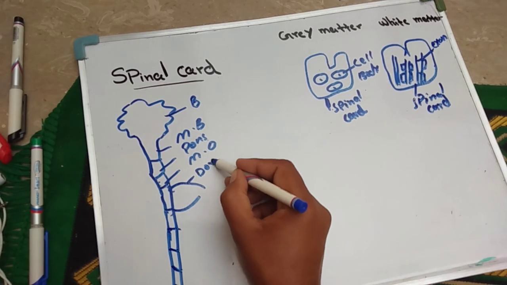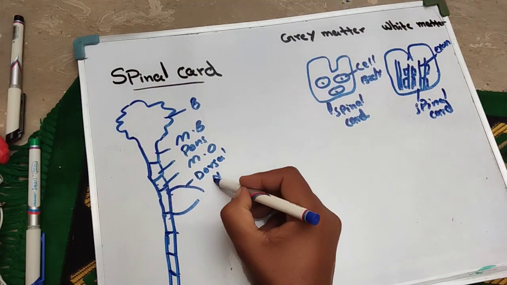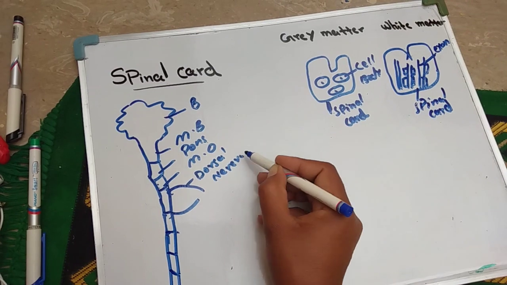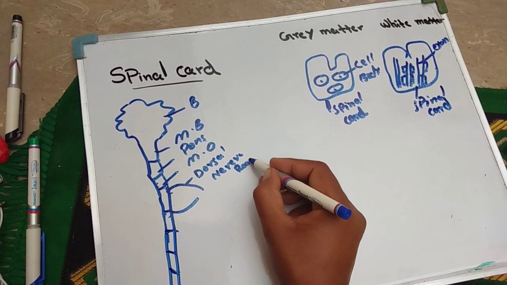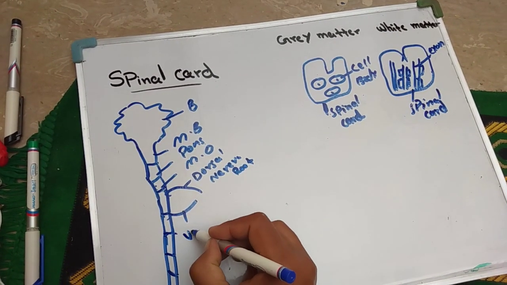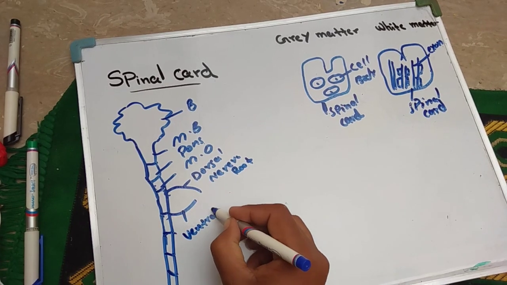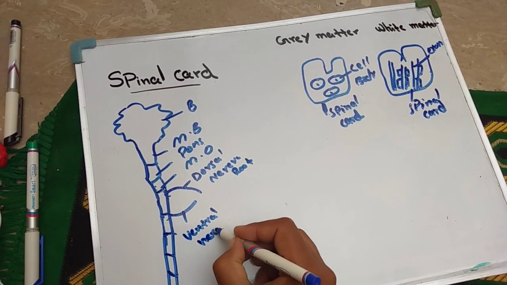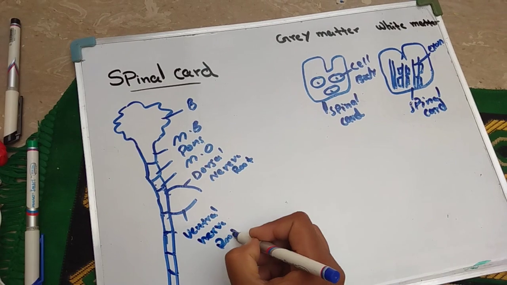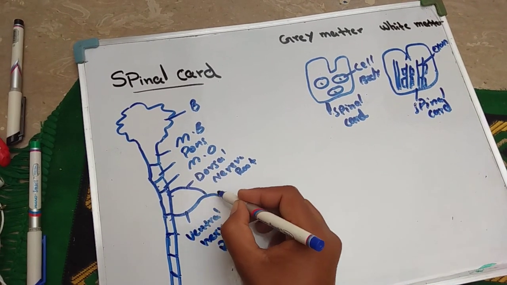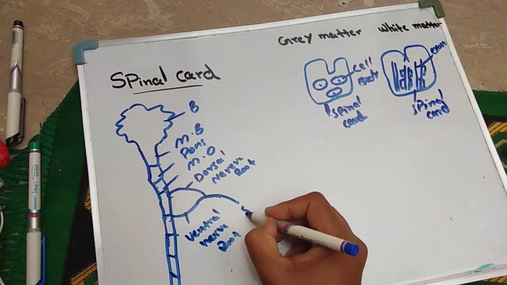Dorsal nerve root, and this is the ventral nerve root. These two nerve roots join to form a single spinal nerve.